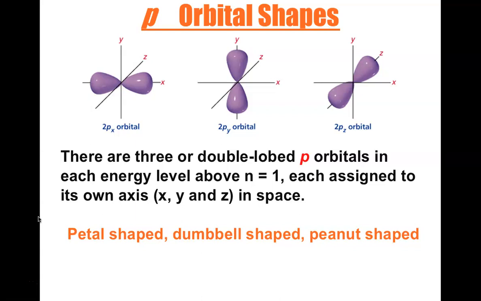It could also look like a peanut, maybe the one in the shell, like when you go to a baseball game and eat peanuts in the shell. But again, there are 3 separate p orbitals per energy level. There is 1 singular s orbital per energy level, so to speak. We'll get to that a little bit more.